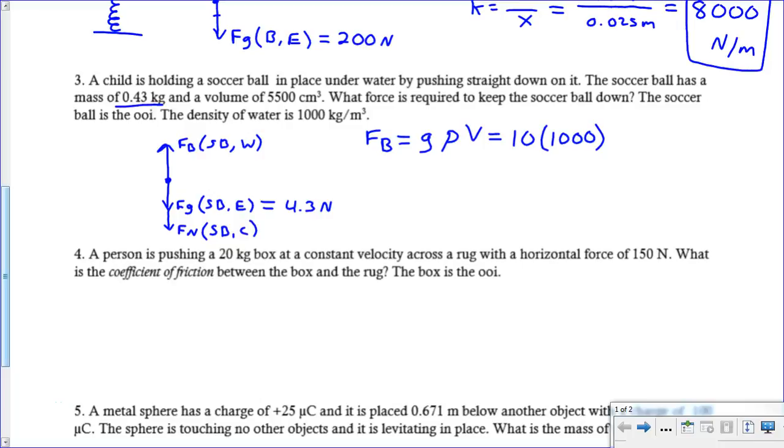This one, actually let me go through and talk about this really quick. 5,500 centimeters cubed. If we're getting that into meters cubed, we have to convert from centimeters to meters, but it's cubed, which means centimeters times centimeters times centimeters, which means we have to convert it 3 times, because it's a 3-dimensional unit.